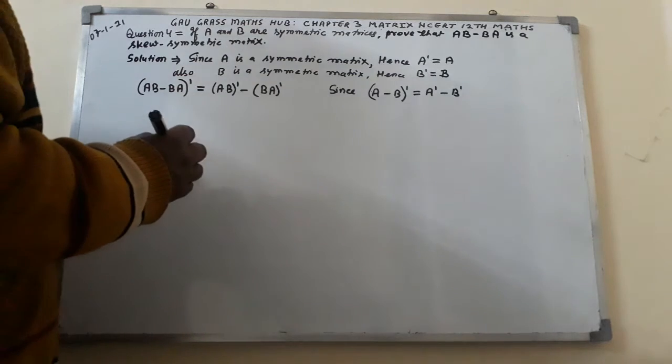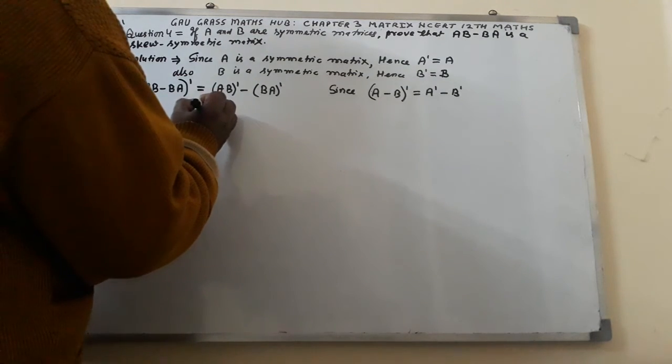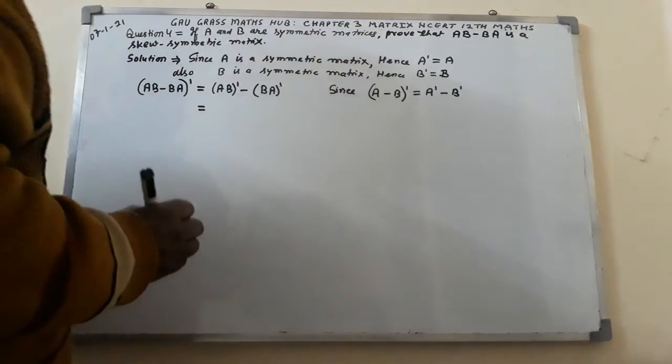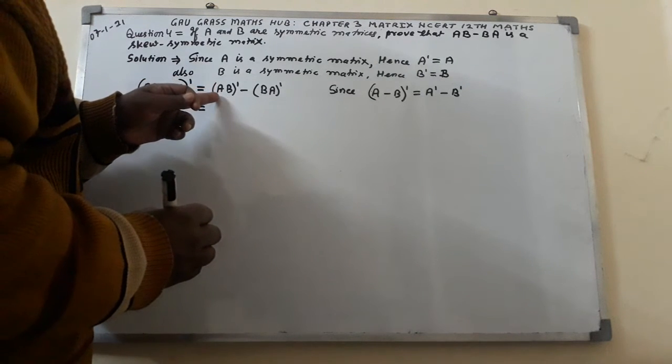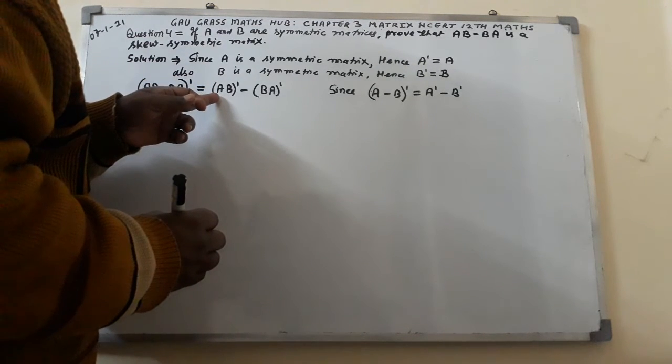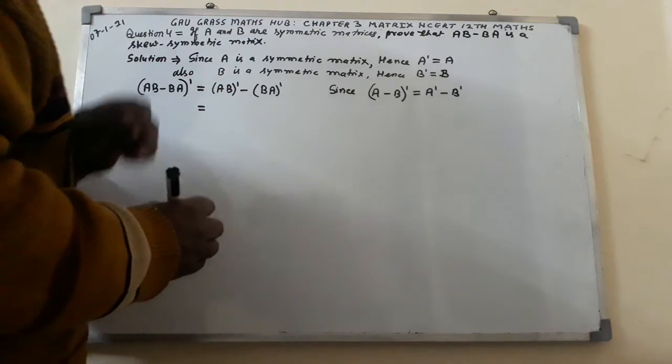Again I shall write equal to. Here you can see the transpose of the matrix AB.